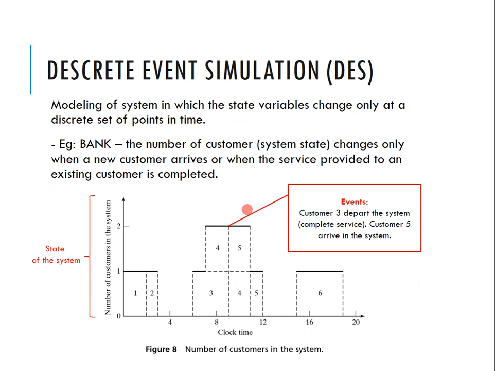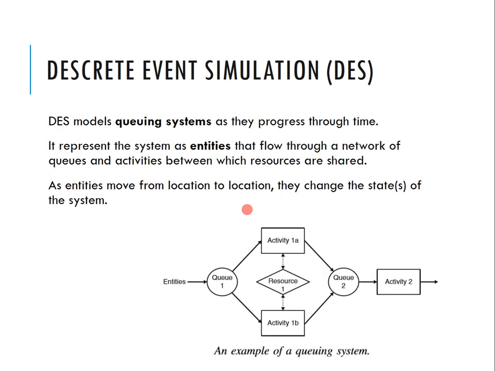Okay, firstly, let's talk about discrete event simulation. Basically, discrete event simulation, as we have talked about previously, models queuing systems as they progress through time. So what does it mean by queuing system? Queuing system ni meaning that a system that consists of a queue.